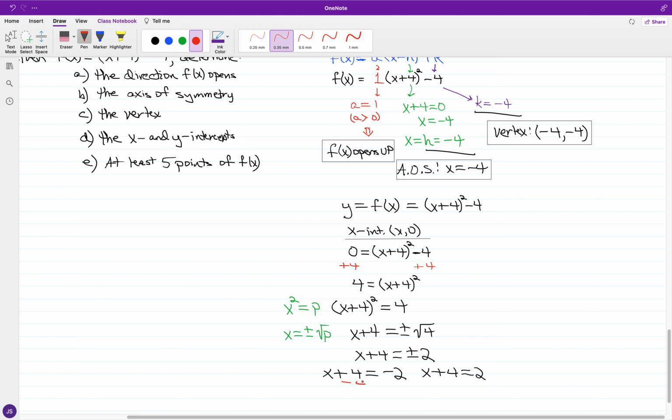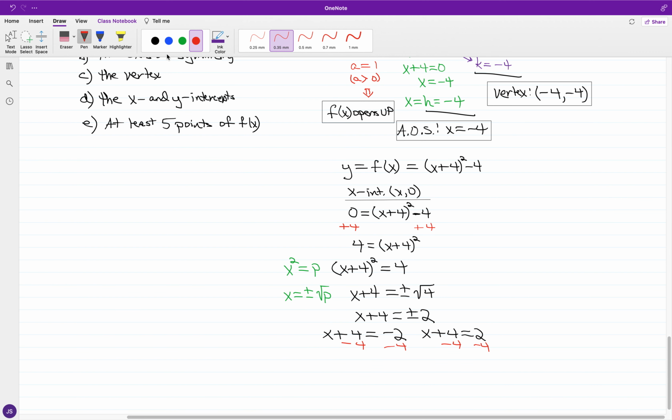Getting these x terms by themselves, if we subtract 4 from both sides in both equations: if x plus 4 is -2, x is -2 minus 4, which is -6. And if x plus 4 is equal to 2, x is 2 minus 4, which is -2.